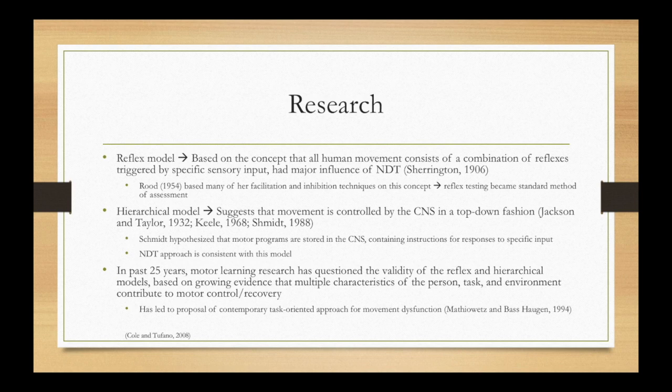However, in the past 25 years, motor learning research has questioned the validity of the reflex and hierarchical models, based on growing evidence that multiple characteristics of the person, task, and environment contribute to motor control and recovery. This has led to a proposal of a contemporary task-oriented approach for movement dysfunction.